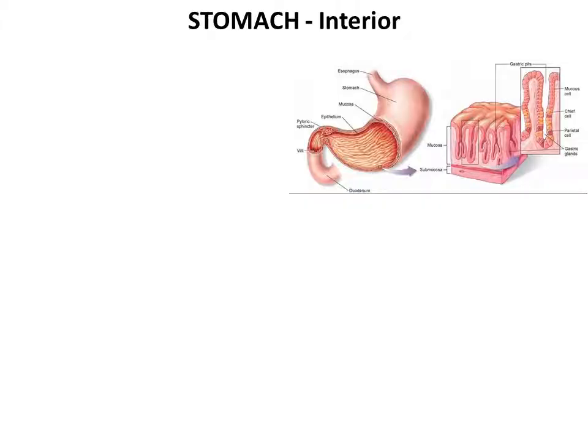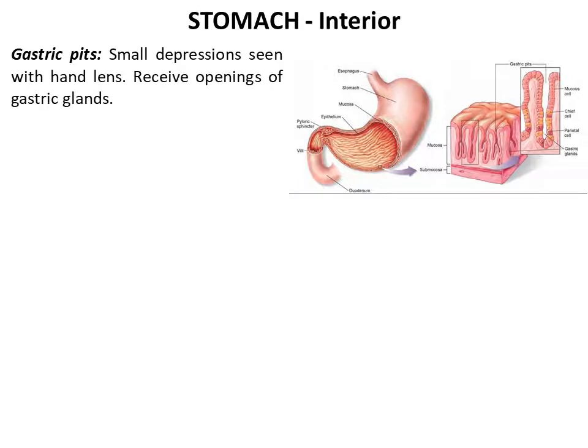The interior of the stomach is irregular and reddish brown in color. It gives a velvety appearance. With the help of a hand lens, small depressions can be seen. These are known as gastric pits, and these receive the openings of the gastric glands.